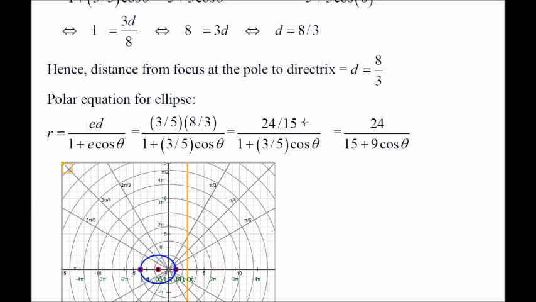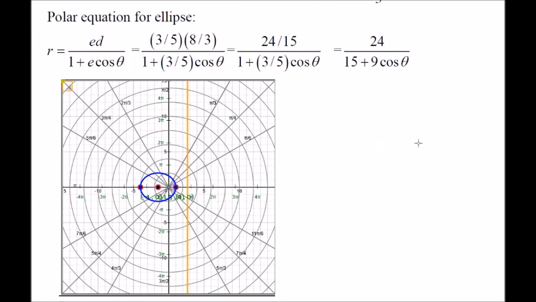The top becomes 24, and the bottom becomes 15 plus 9 cosine of theta. This will be the equation that we're looking for.